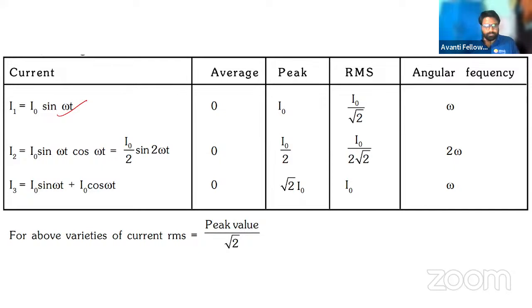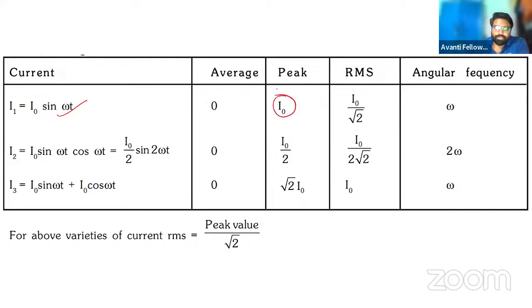For different times, this function will have a different value, and this function also varies in a positive and negative manner. For the first half it will be positive, for the second half it will be negative. So it qualifies the condition for a current to be alternating. We know that for a full cycle the average value of the alternating current is 0.